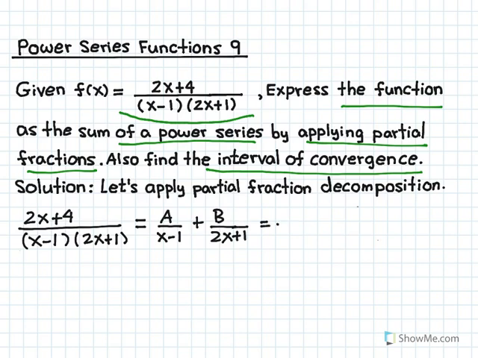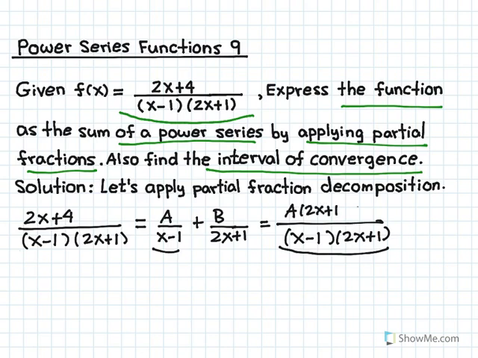Take common denominator. The common denominator is (x - 1)(2x + 1). Now x - 1 goes into the denominator 2x + 1 times, so we get A times (2x + 1) plus B times (x - 1).